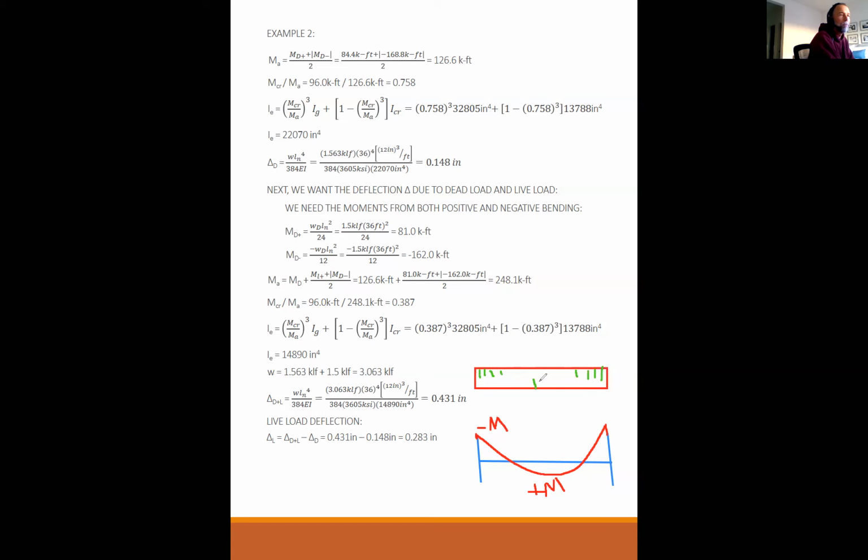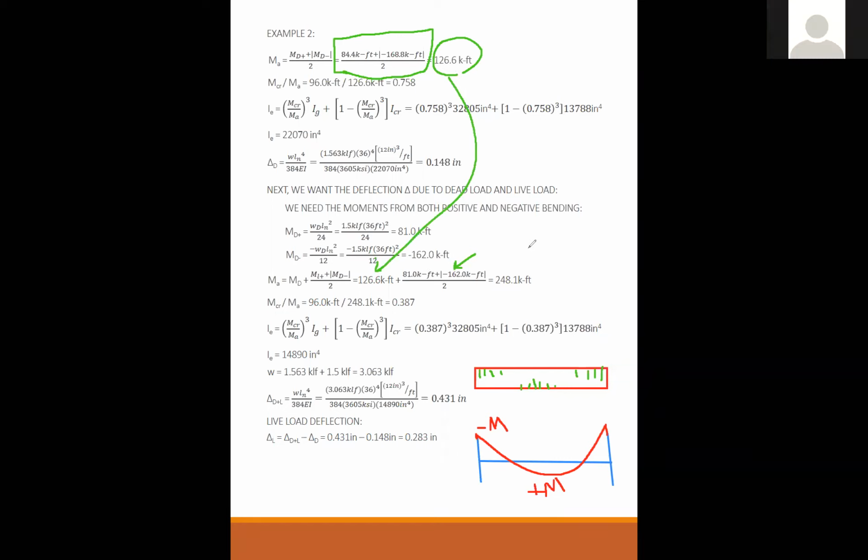And then the positive moment cracks it down here, like so. So they don't directly add to each other, so to speak. So that's what the code says. You can average those. So what I did up here is I averaged the dead load to get to here. And then down here, I took that average dead load, put it here, and then added to it the average live load.